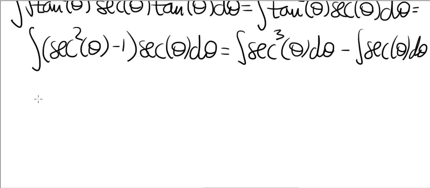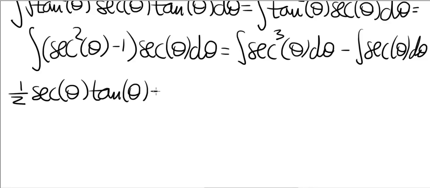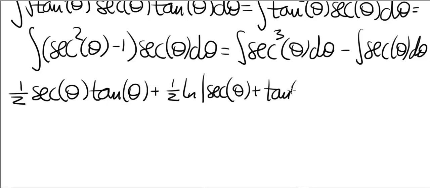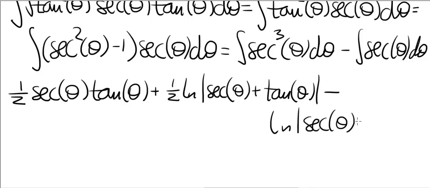The integral of secant cubed of theta is 1/2 secant theta times tangent theta plus 1/2 times the natural log of absolute value of secant theta plus tangent theta, and the integral of secant is natural log absolute value of secant of theta plus tangent of theta.